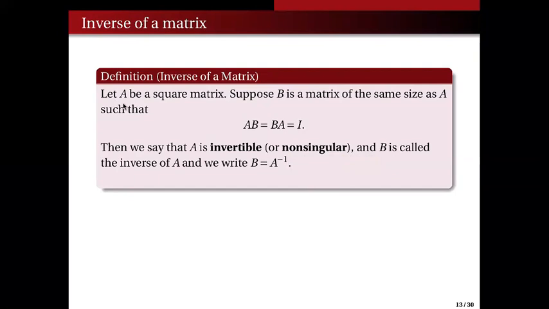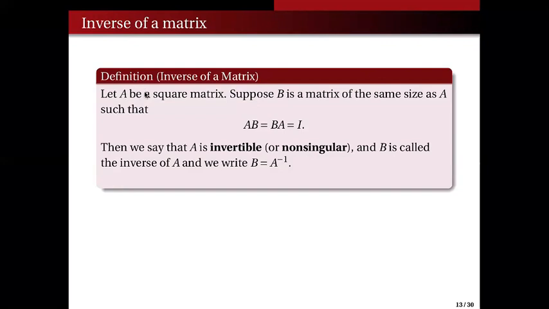So again, you start with the matrix A, and suppose you found a matrix B the same size as A, where A is a square matrix, such that the product AB equals the product BA equals I. Then we say A is invertible and B is called the inverse of A, and we write B equals A inverse. Take note that you started with A here.